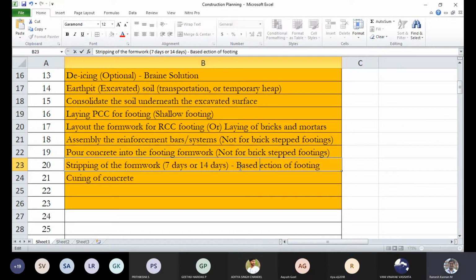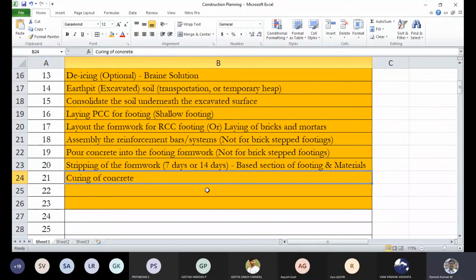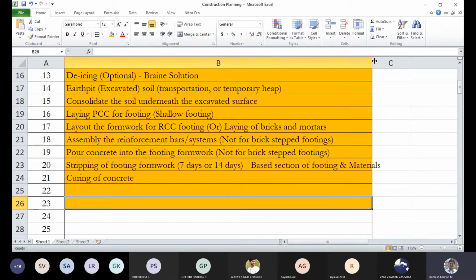If a stumpier section, they take a lot of time. And also materials, say for example if they are self-compacting with the retarders, then they have to wait for longer time to strip that formwork, stripping of the footing formwork, something like that.